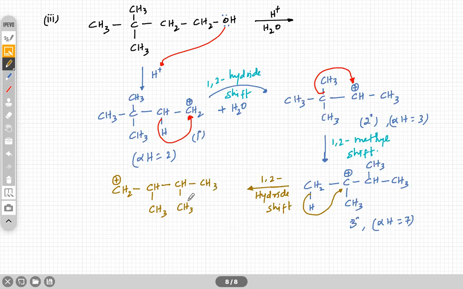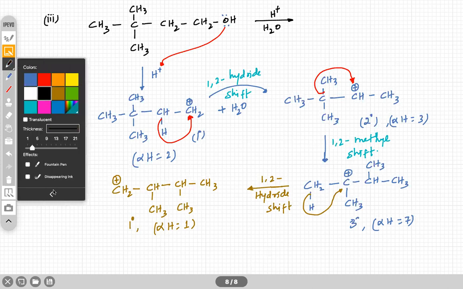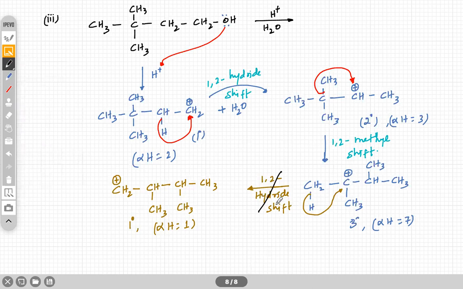Now if you consider this, again it becomes a 1 degree carbocation, and the alpha hydrogen for this carbocation is only 1. So this one is not stable in comparison to this. So the reaction won't go from a more stable carbocation to a less stable carbocation, right? Hence, this step is not possible. This won't form.